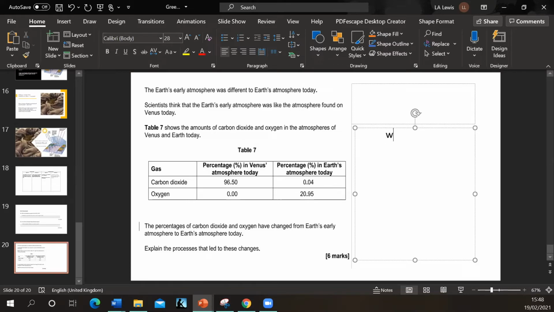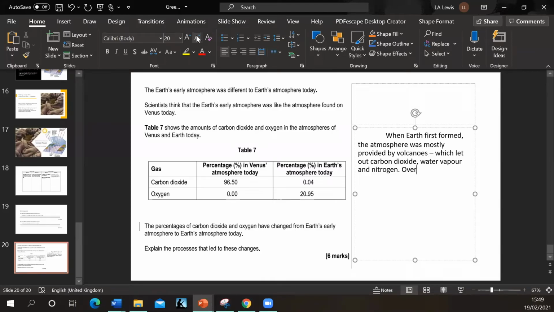When Earth first formed, the atmosphere was mostly provided by volcanoes, which let out carbon dioxide, water vapor and nitrogen.